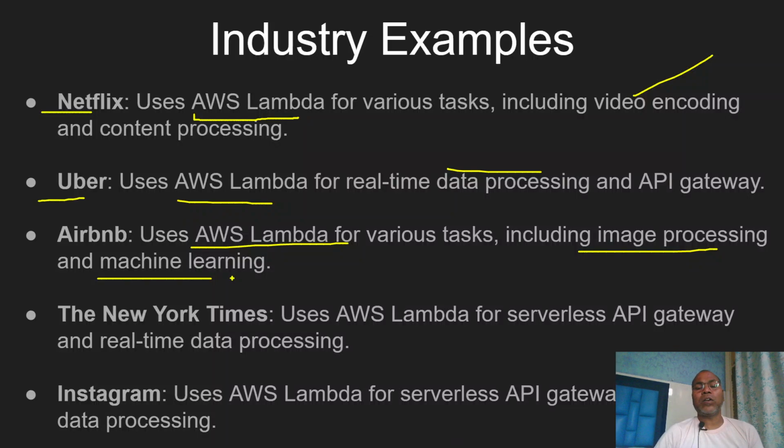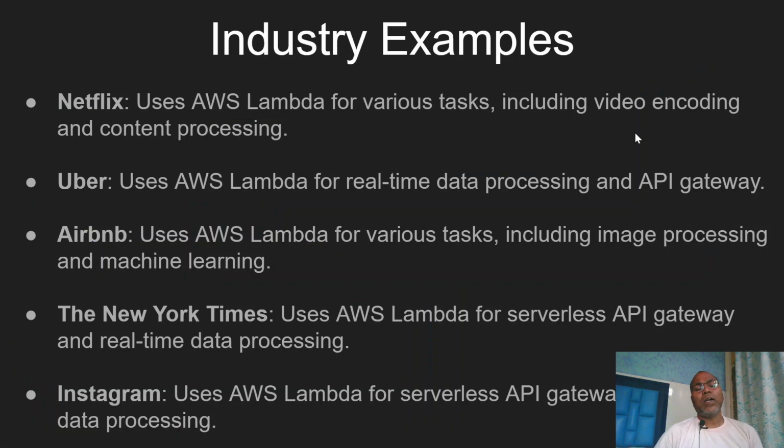The New York Times uses AWS Lambda as a serverless API gateway and for real-time data processing. Even Instagram and Facebook use AWS Lambda functions, or serverless architectures, to build different use case scenarios.